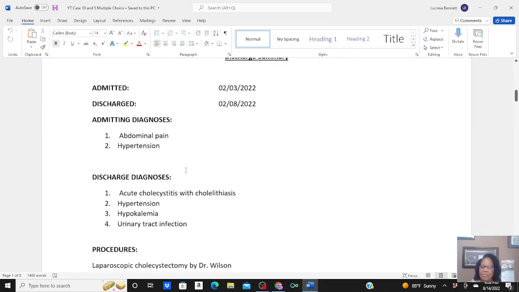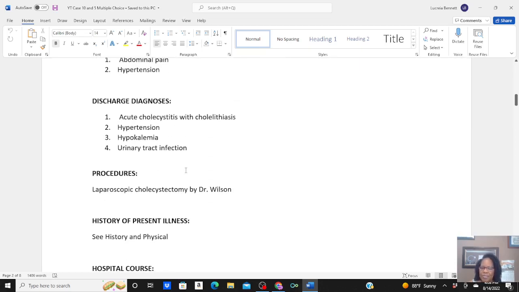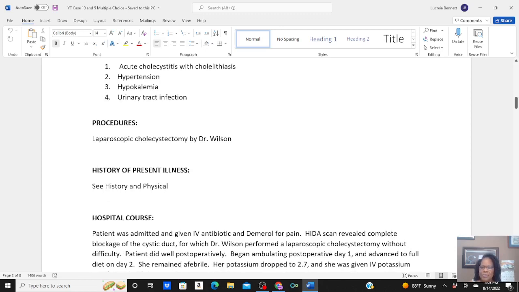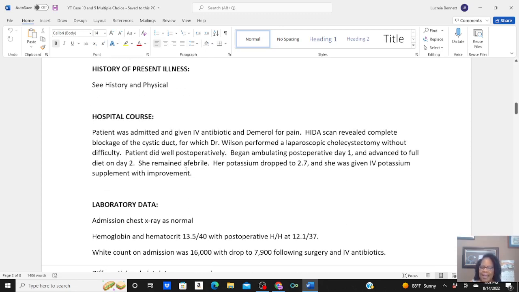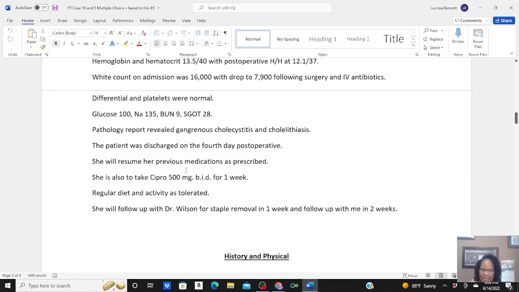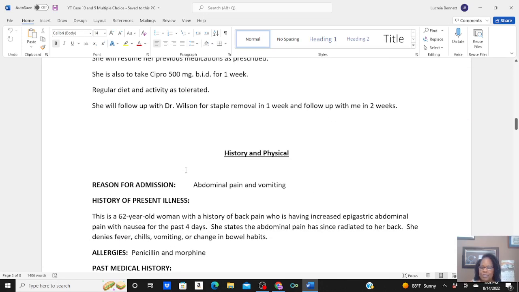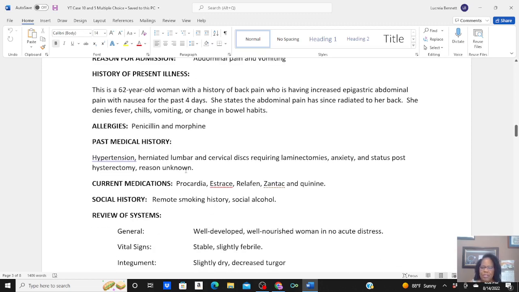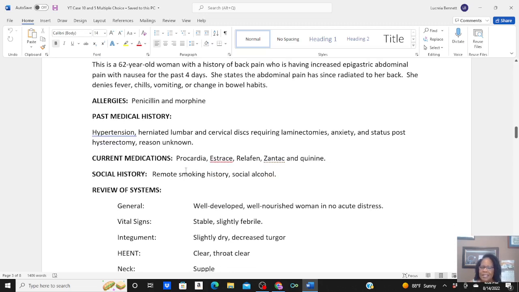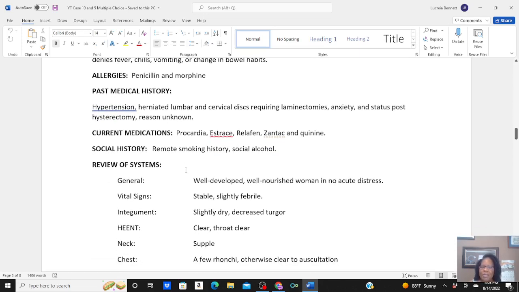I gave you the discharge summary that pretty much gives you the same information, but remember, a discharge summary is a summary of the hospital stay. So see where it has the hospital course and the lab data. Here is your history and physical. Upon admission to the hospital, the history and physical must be done with admission. So here she's coming in with abdominal pain and vomiting, and it gives you a little bit of history on the patient. It talks about her past medical history: hypertension, herniated lumbar and cervical disc requiring laminectomies.